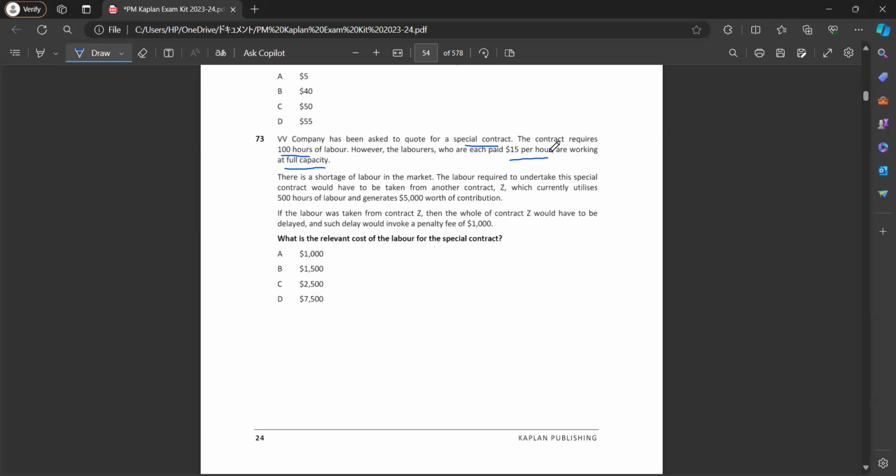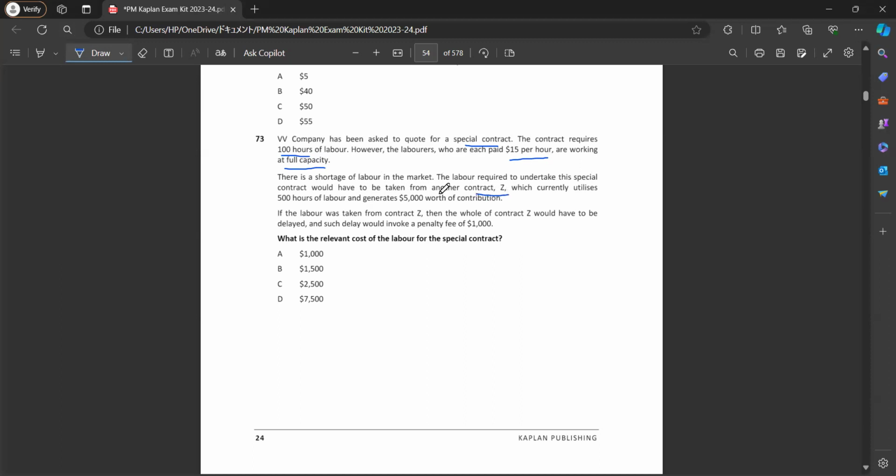So there is no spare capacity in terms of labor hours available. Then we see that there is a shortage of labor in the market. The labor required to undertake this special contract would have to be taken from another contract Z.